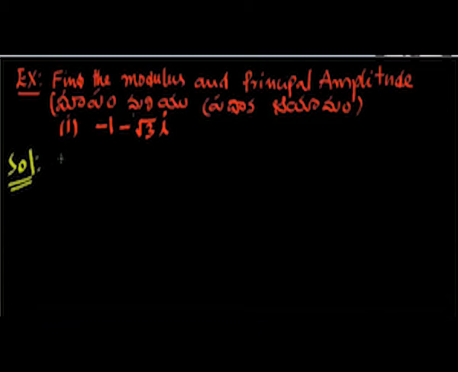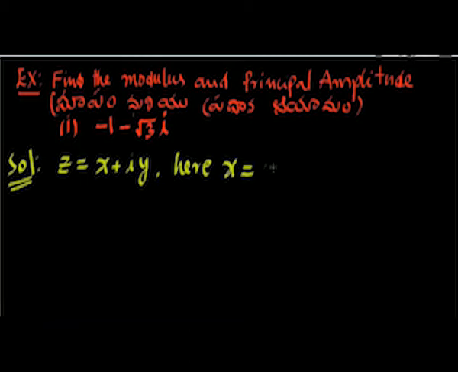Always compare the given complex number with the standard form x plus iy. Here x value is equal to -1, y value is minus root 3.